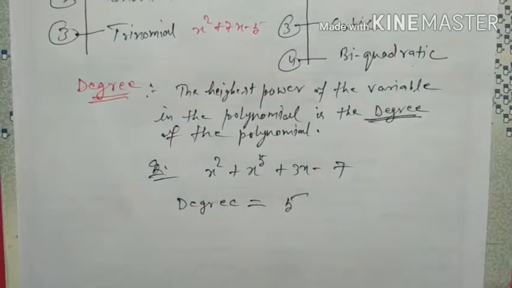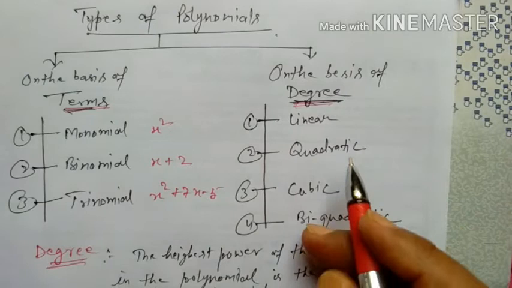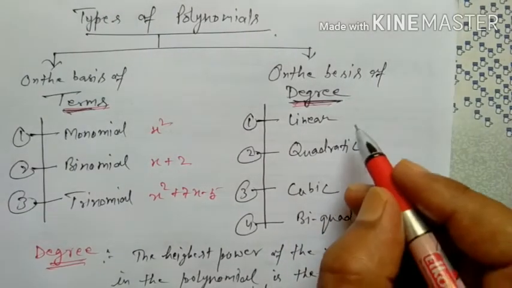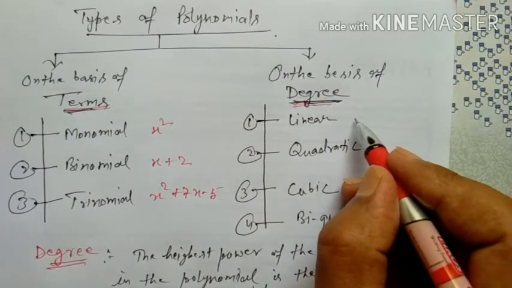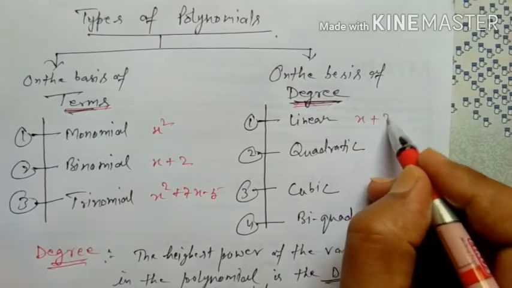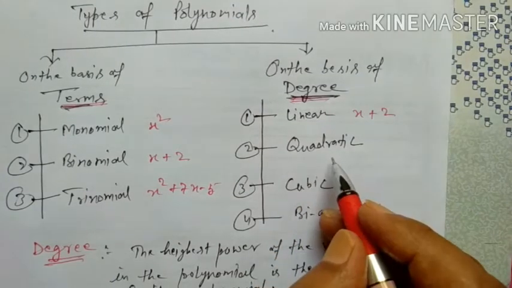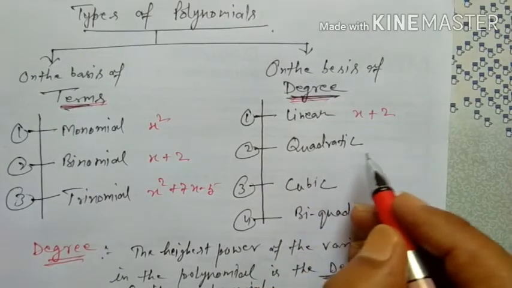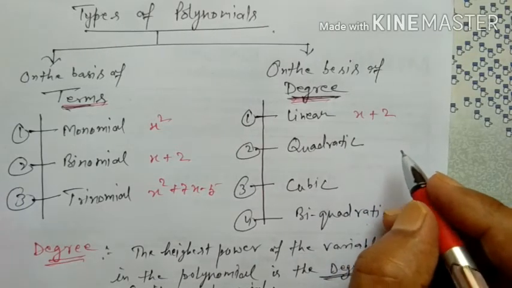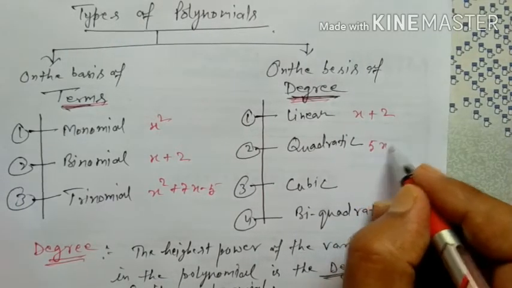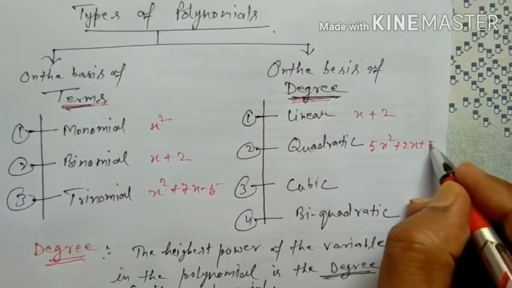So when degree equal to 1, then the polynomial is known as linear. For example, x plus 2, here degree is 1. Quadratic polynomial, when the highest power is 2, for example 5x square plus 2x plus pi.